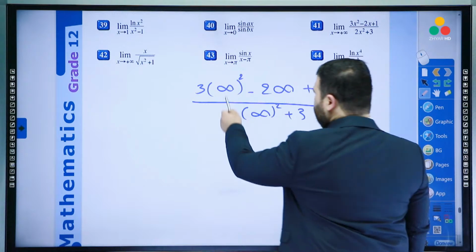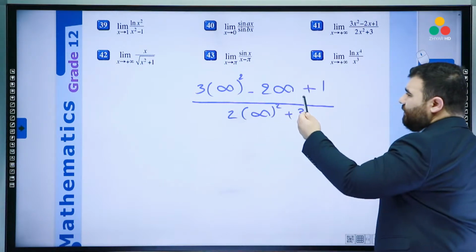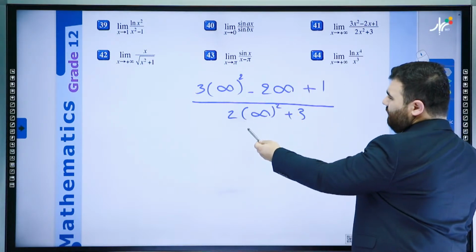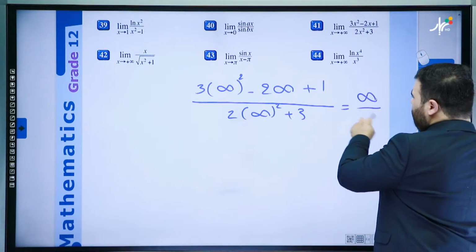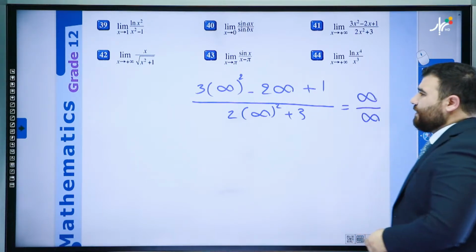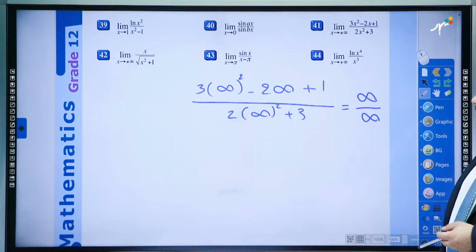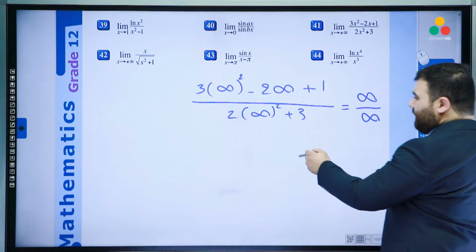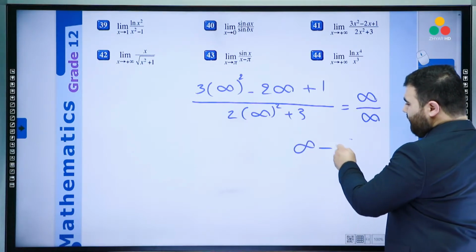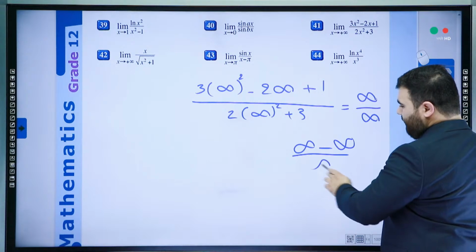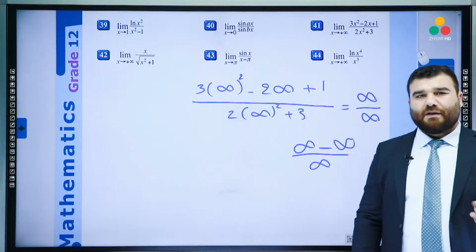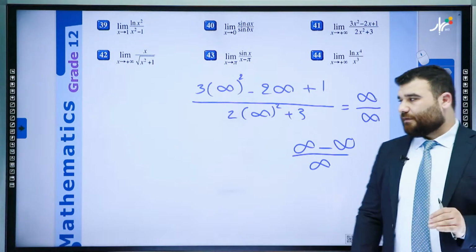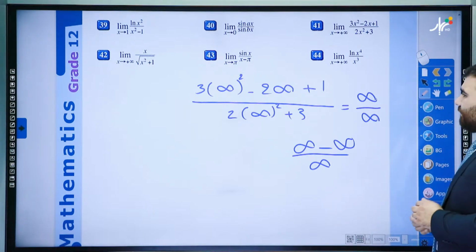Infinity power 2 minus 2 infinity, that's infinity. And infinity plus 3 is just infinity. So this will be infinity over infinity. This is indeterminate form. Or we can say this will be infinity minus infinity over infinity. Infinity minus infinity is indeterminate form. It's not equal to 0. Be careful of that. This is indeterminate form.